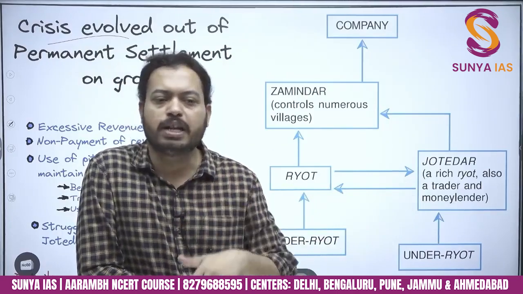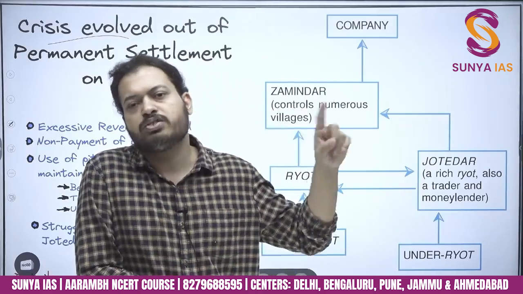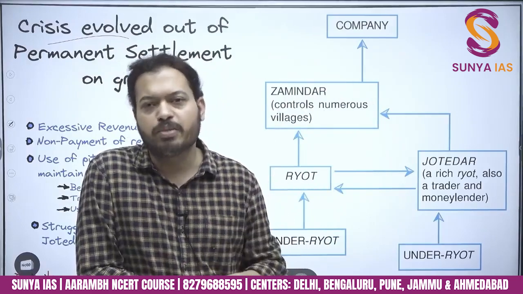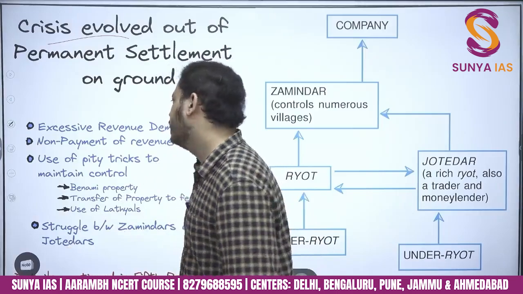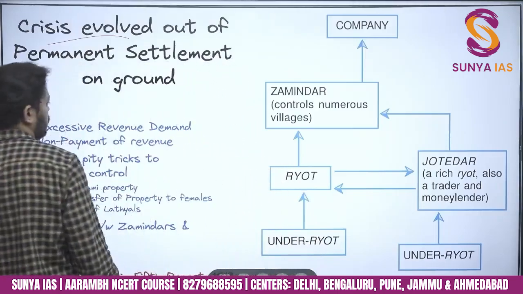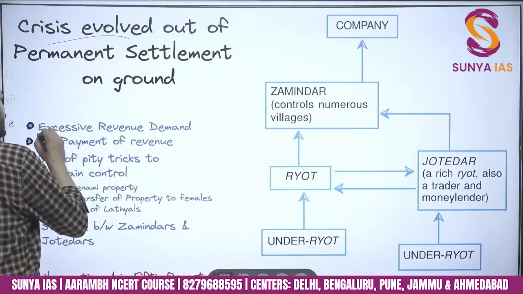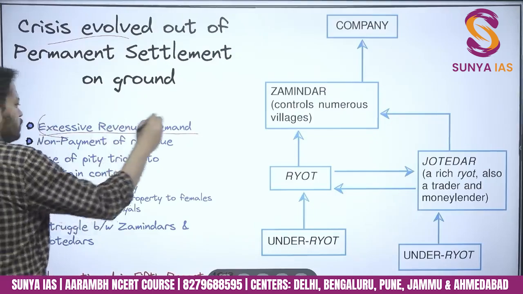And this whole Benami property thing for the first time evolved here. So it is not that only the British government was very shrewd; even the native zamindars were pretty corrupt. Okay, so first thing you need to know this. But one of the biggest problems over there was excessive revenue demand, because the revenue demand was 10/11.